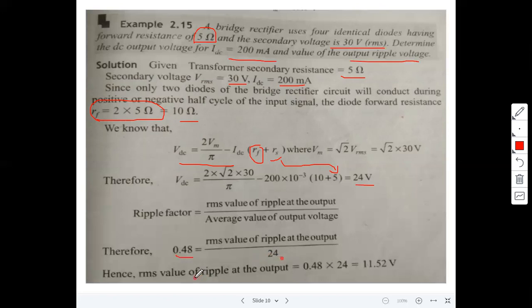That is, the RMS value of the ripple at the output is equal to 0.48 into 24, that is equal to 11.5. Like that you calculate the RMS value of the ripple at the output, or ripple voltage at the output.